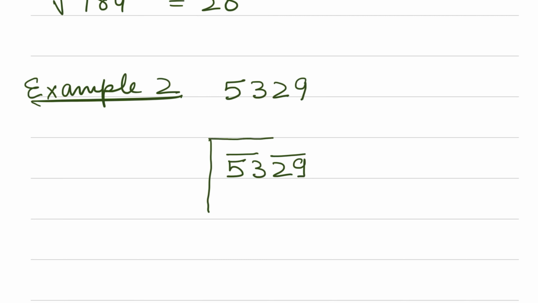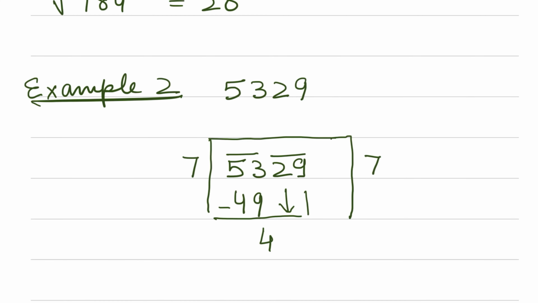Now I'll start. I have to look for a number such that if I multiply it with itself, it should be less than or equal to 53. So 7 times 7 will give me 49. Now subtraction as we do in division, 4, and I'll take down these two digits.